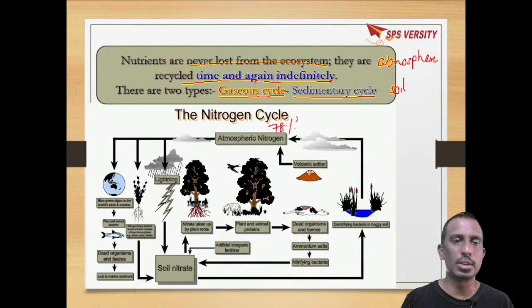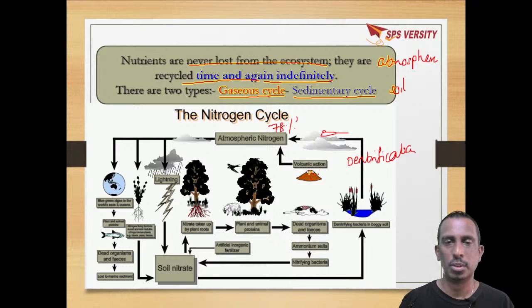So how is this nitrogen reaching the atmosphere? By denitrification from the soil, and by volcanic actions. And how does nitrogen from the atmosphere reach the soil?